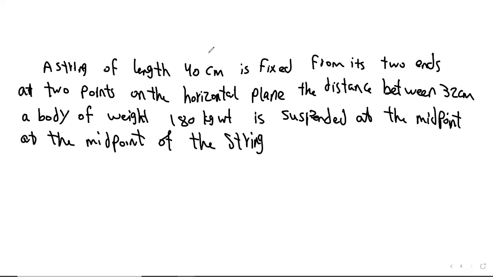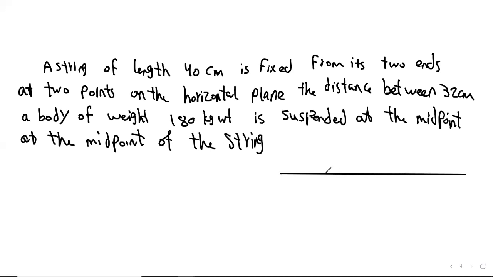Okay, so here you have a string, a string of length 40 fixed from two ends at 2 points on the horizontal plane, and the distance between them is 32.